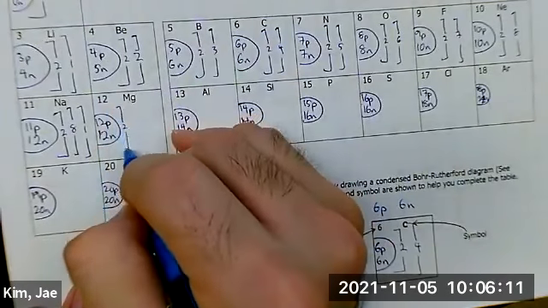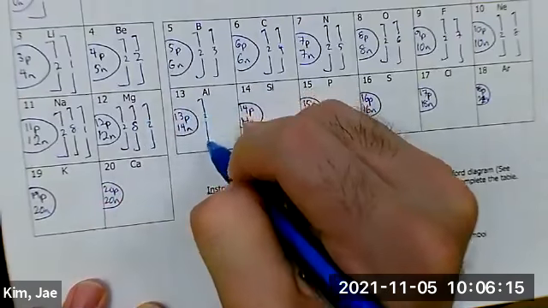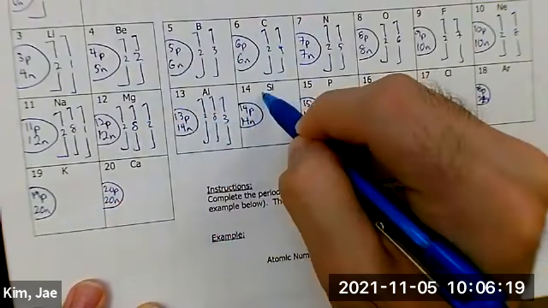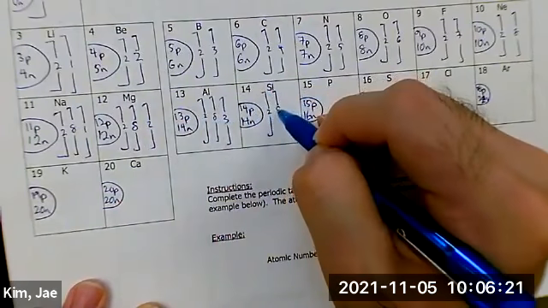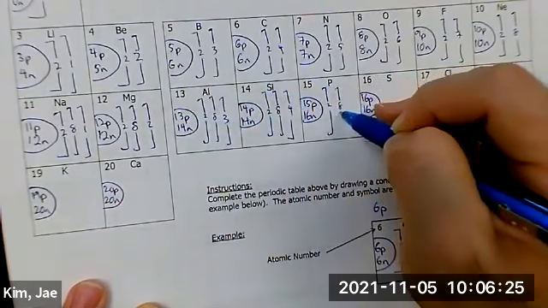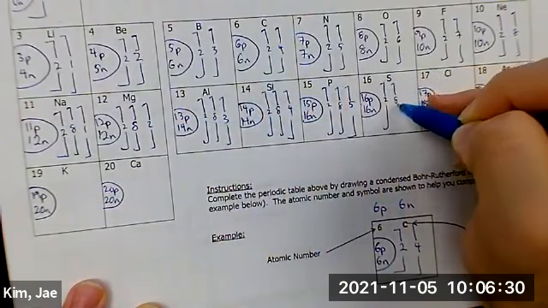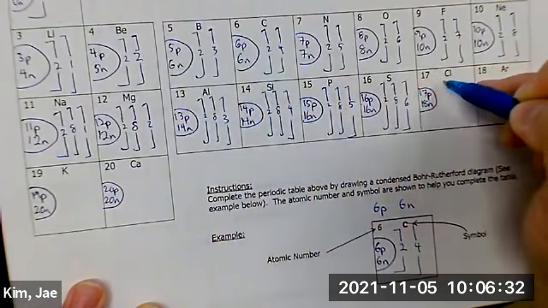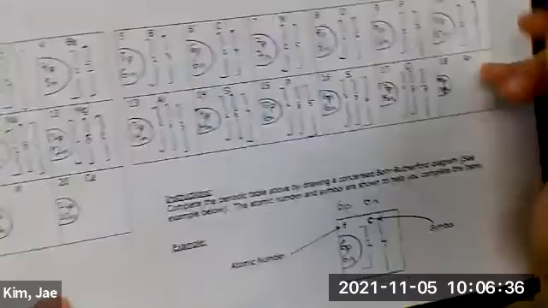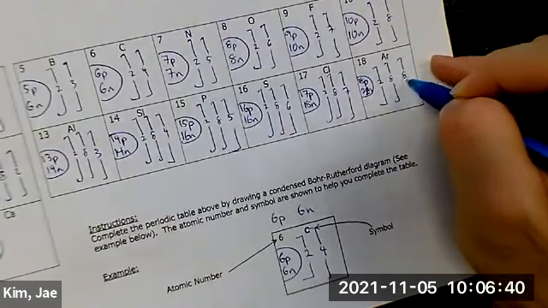We've got 2, 8, and 2. 2, 8, and 3. 2, 8, 4. 2, 8, 5. 2, 8, 6. 2, 8, 7. 2, 8, and 8.